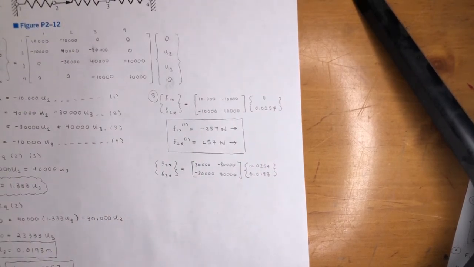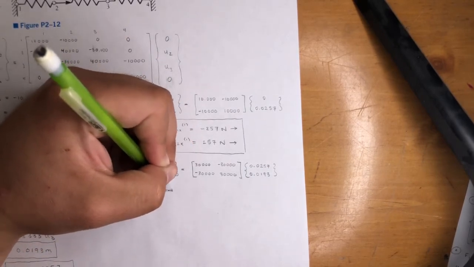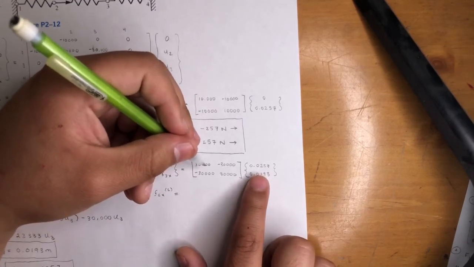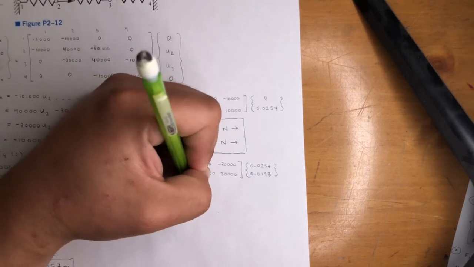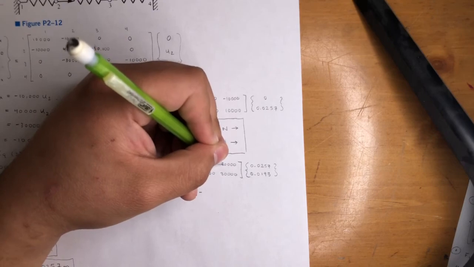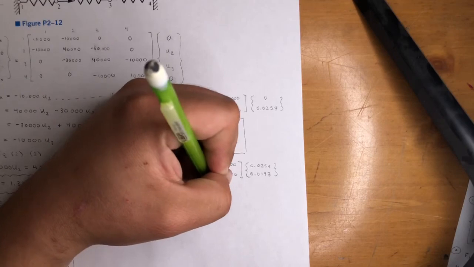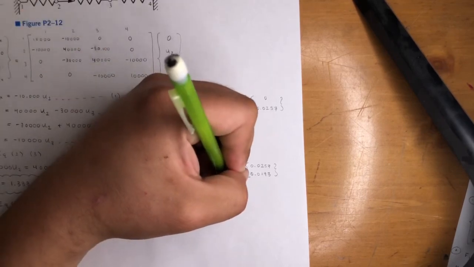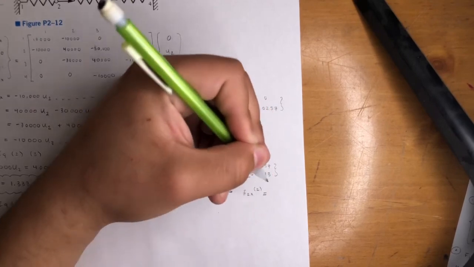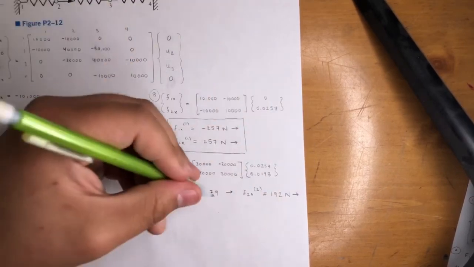F2x of element 2 is equal to 30,000 times 0.0257, which is 771, minus, because it's negative, 30,000 times 0.0193, which is 579. That means F2x of element 2 is equal to 192 newtons going this way.